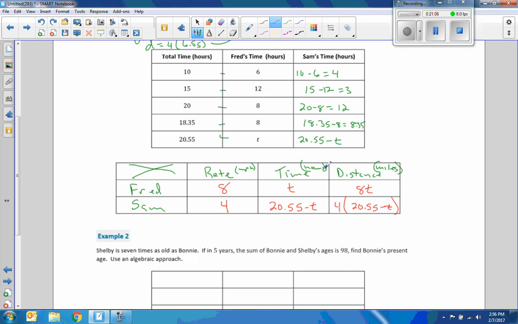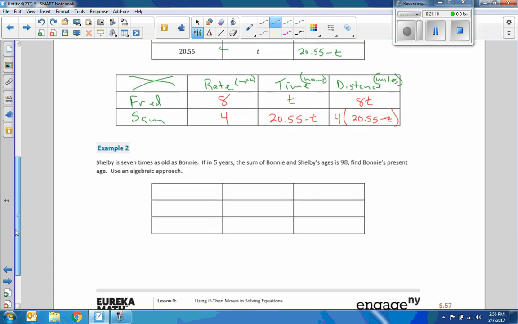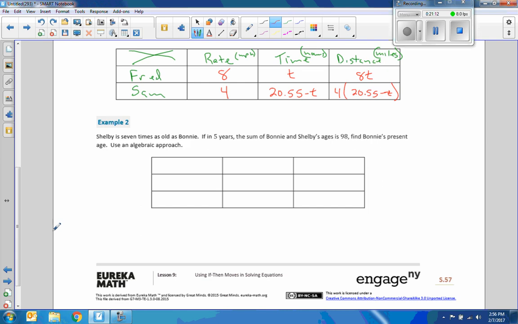We have rate, time, distance, we have Fred, we have Sam. You can set it all up in a table and organize it much better than a step-by-step process.